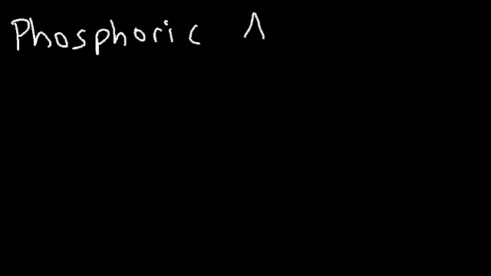Now we're going to work backwards. If you're given the name, how can you write the formula? For example, what is the formula for phosphoric acid? Notice that we don't have the prefix hydro, so that means that it's associated with a polyatomic ion.